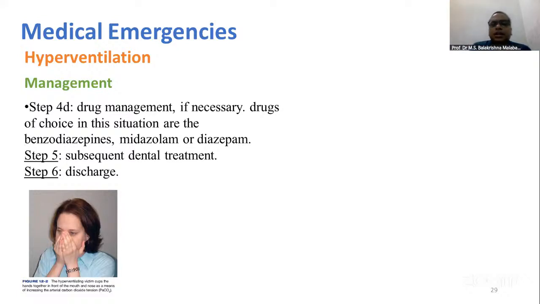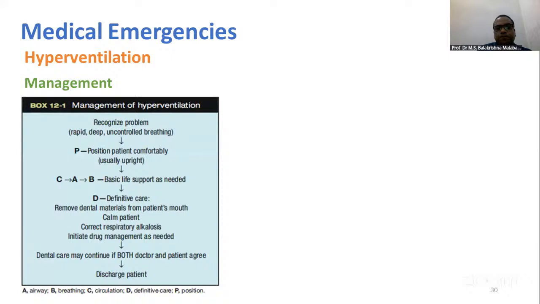Then drug management, if necessary, you can give benzodiazepines, midazolam, diazepam. This is basically to calm the patient. And then you can do the sequence for dental treatment and discharge the patient. So the management, which I just told you, you have to correct the alkalosis, respiratory alkalosis. That is the main point here.